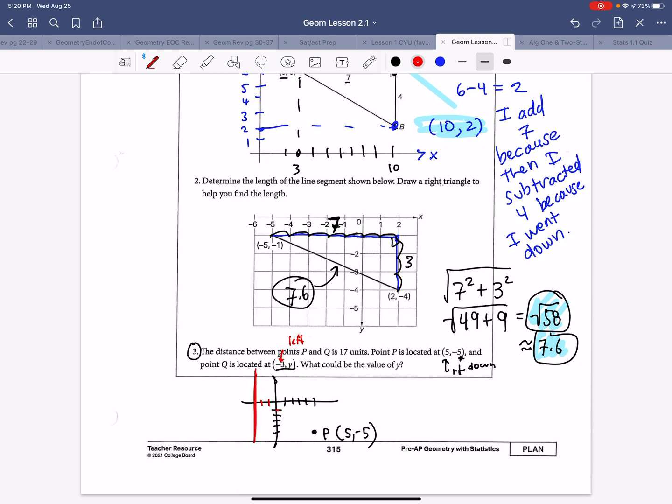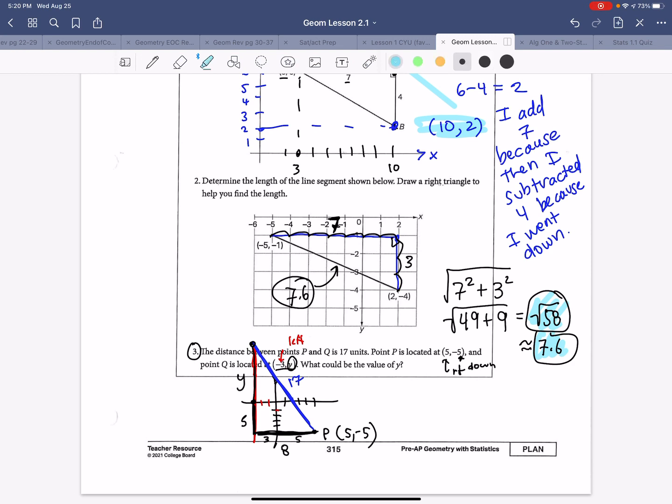I don't know how much I go up or down. Then if it's 17 long, probably the easiest triangle to draw is to draw this part as 17. This part we know we went over 5 and back 3, so this whole part has to be 8. This part we went down 5, and we don't know how high up to go, so that's our y coordinate, okay? So that's what we need to do.